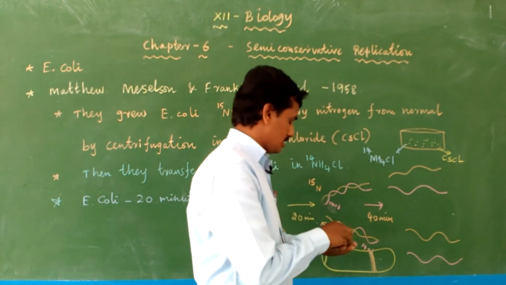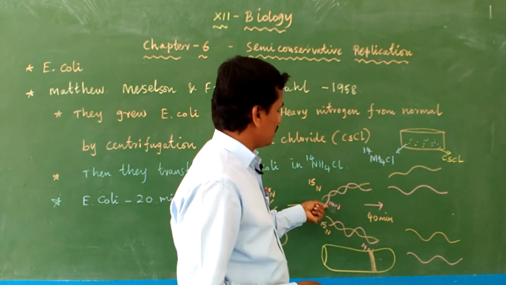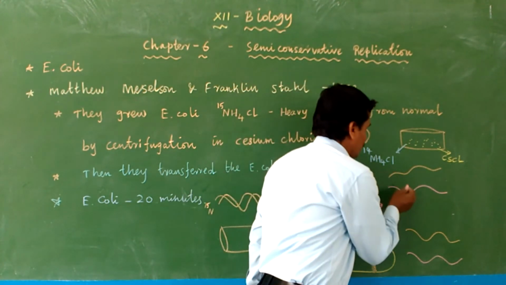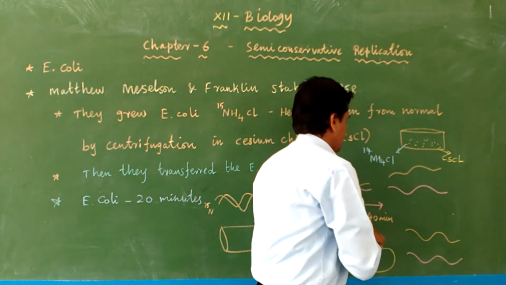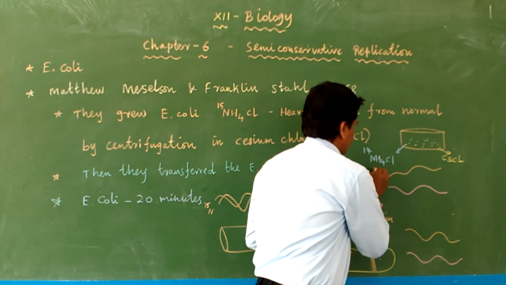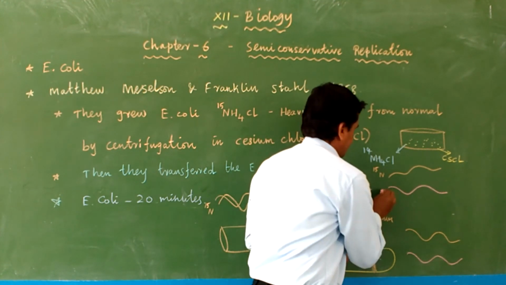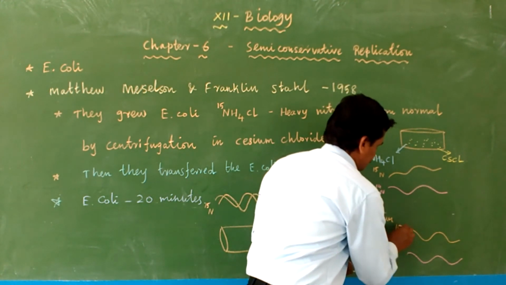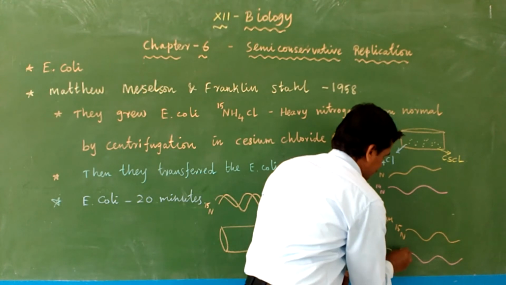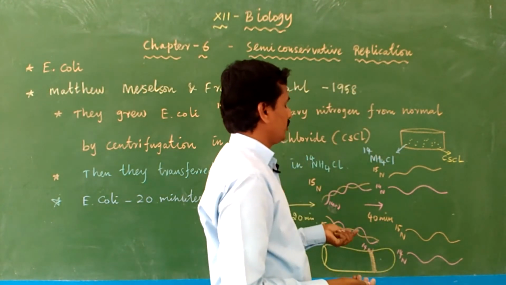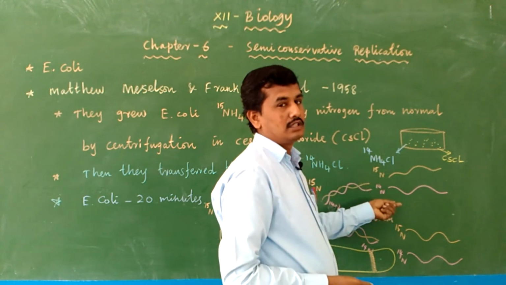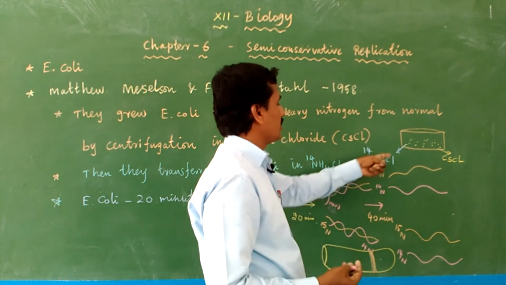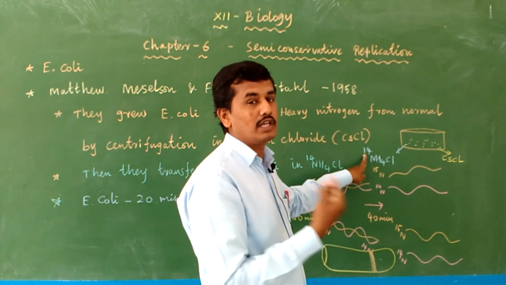So 14 means we give a rose color for identification. Then this is the new DNA, this is the old DNA: N15 here, N14 here, N15 here, N14 here. Then the newly synthesized DNA also has the old strand, but now the newly synthesized strand, because one DNA is separated into 2, the new strands are formed. The new strand is observed with the use of 14, because we add 14 only in this medium.